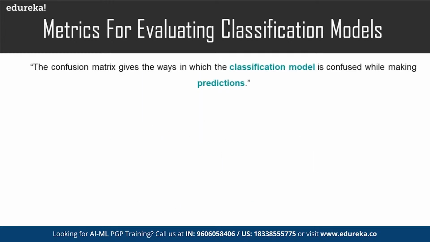Let's talk about the confusion matrix. It shows the way in which classification models are confused while making predictions. I'll give you an example. It summarizes the prediction results of classification problems.